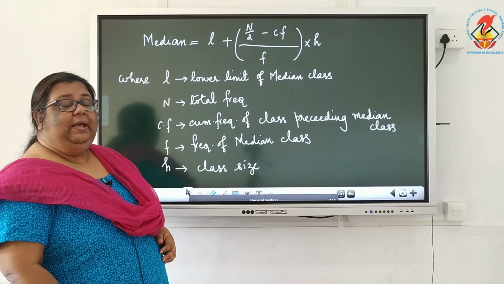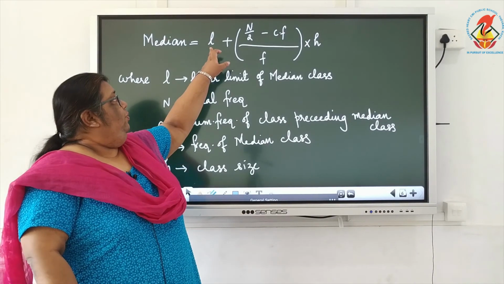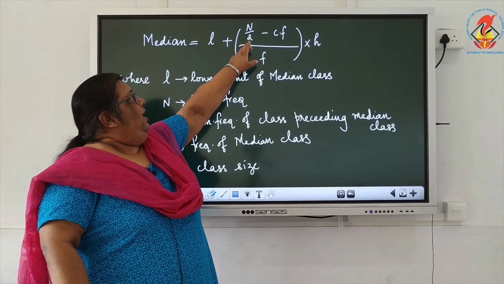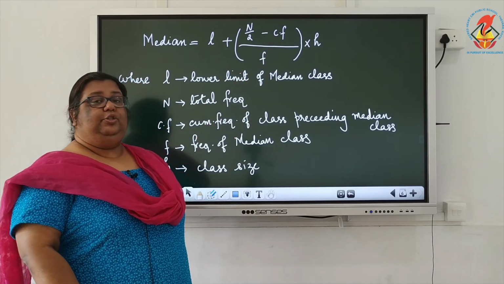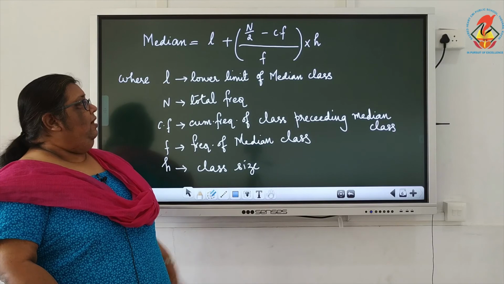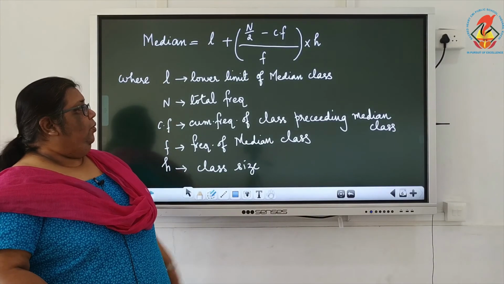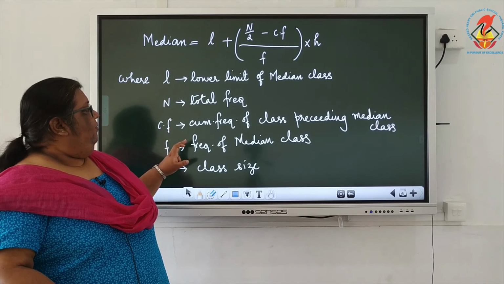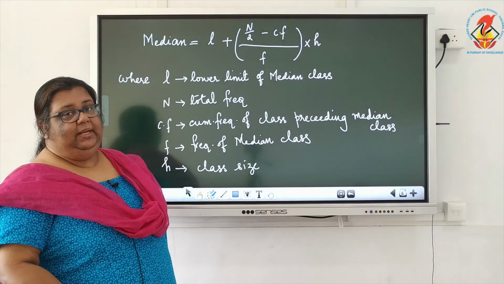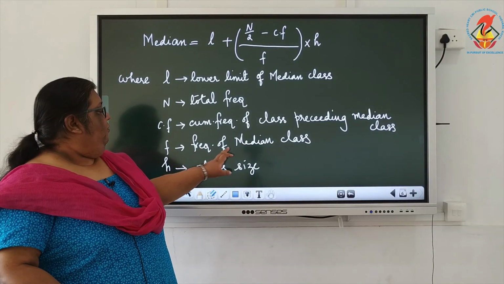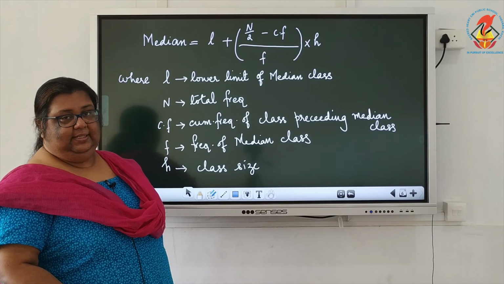I am repeating, median is equal to L plus, look into the board children, L plus n by 2 minus Cf by f into h, where L is the lower limit of the median class, n is the total frequency, Cf is the cumulative frequency of the class preceding the median class, f is the frequency of the median class, and h is the class size.